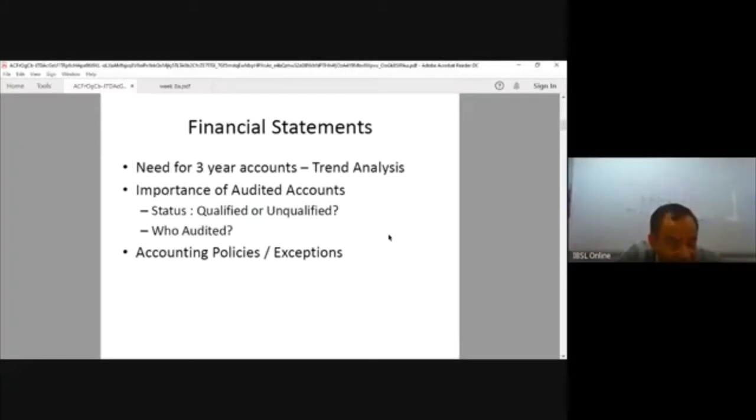They say that this is not in line with the existing accounting policies followed by the company. When they say that, it's a problem. So we go and see whether it is qualified, whether they have given any exception in the report.